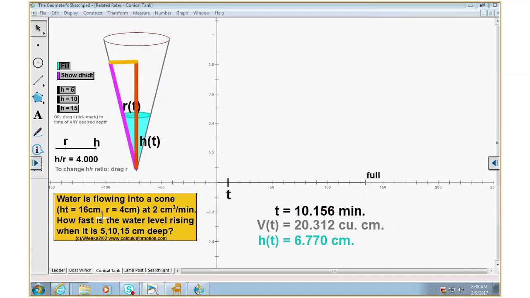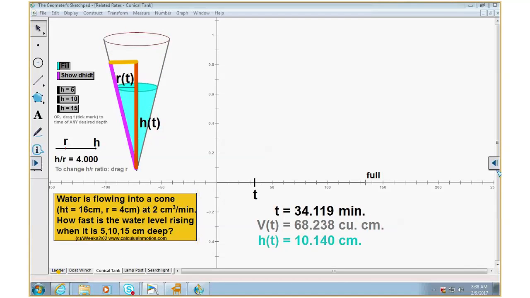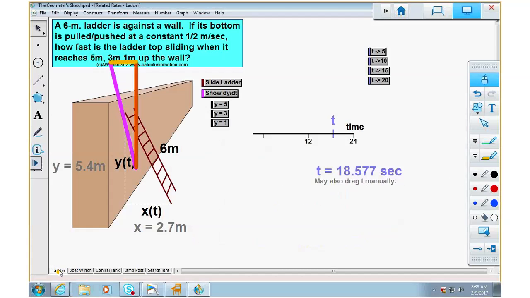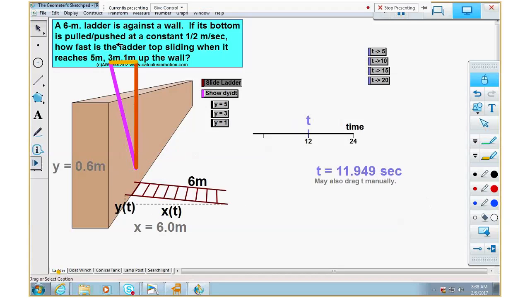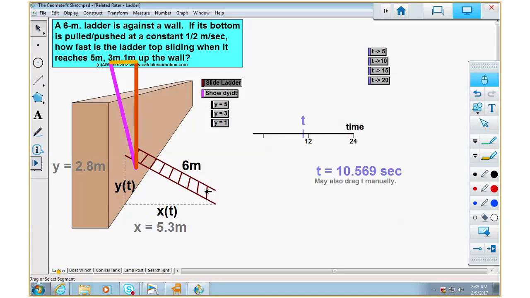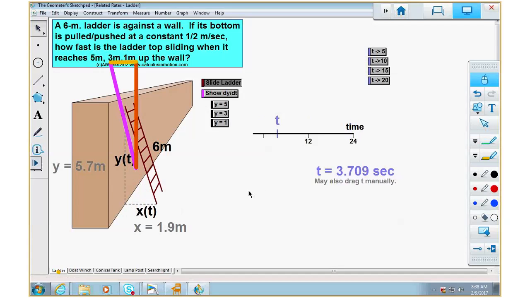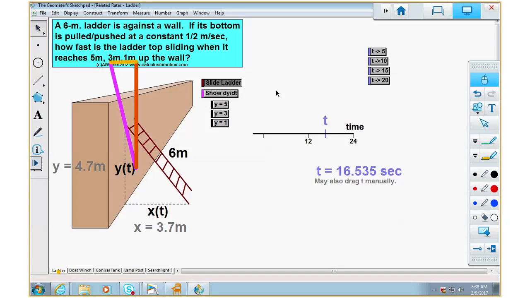If you relate it back to the ladder, you see this place right here, and here's your ladder. So if you don't understand the ladder problem, you're not going to understand the conic problem, or the conic tank.